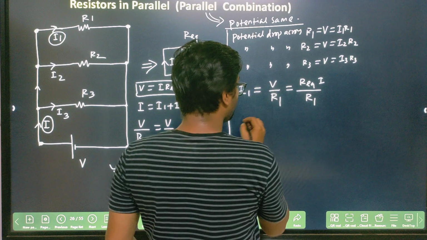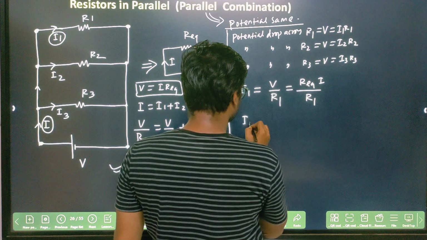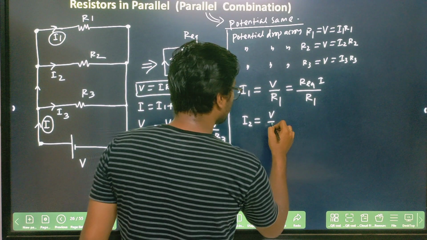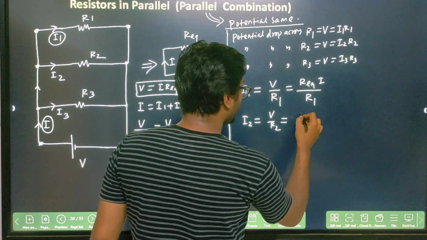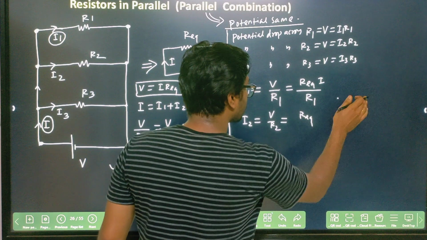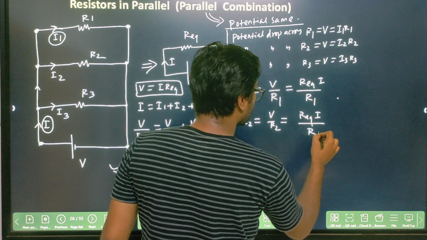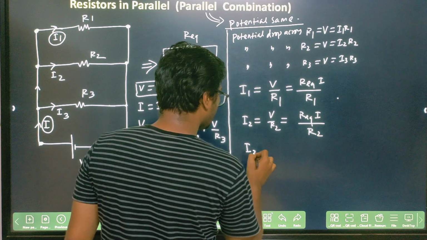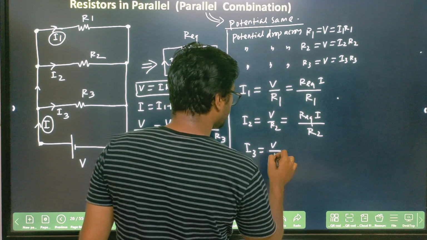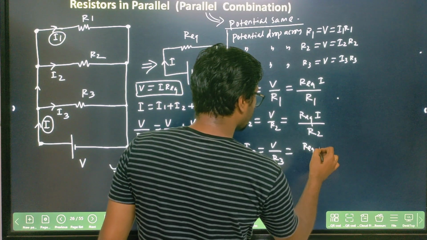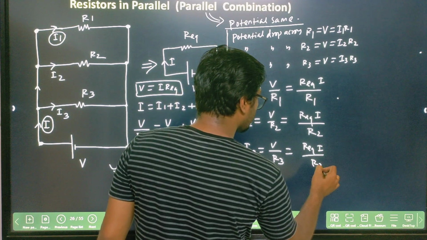So what will be I2? I2 will be V by R2, that will be R equivalent into I divided by R2. Similarly, can you find out I3? This will be V by R3 equal to R equivalent into I divided by R3.